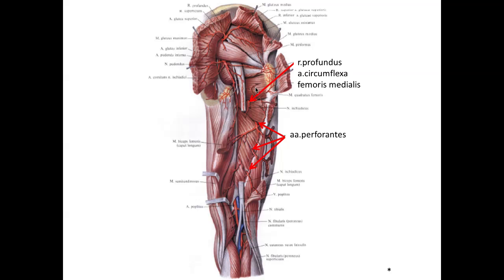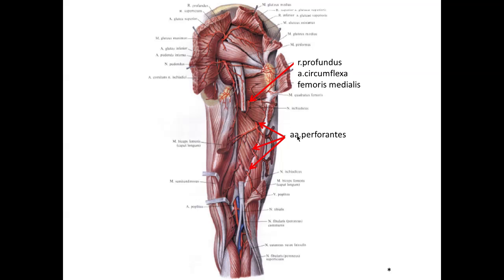So this is musculus quadratus femoris. And then all these structures are parts of musculus adductor magnus. It's adductor magnus.